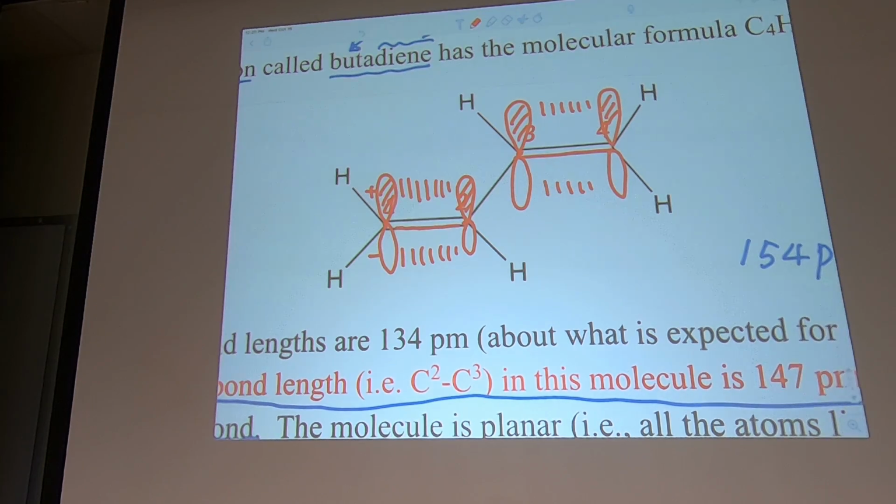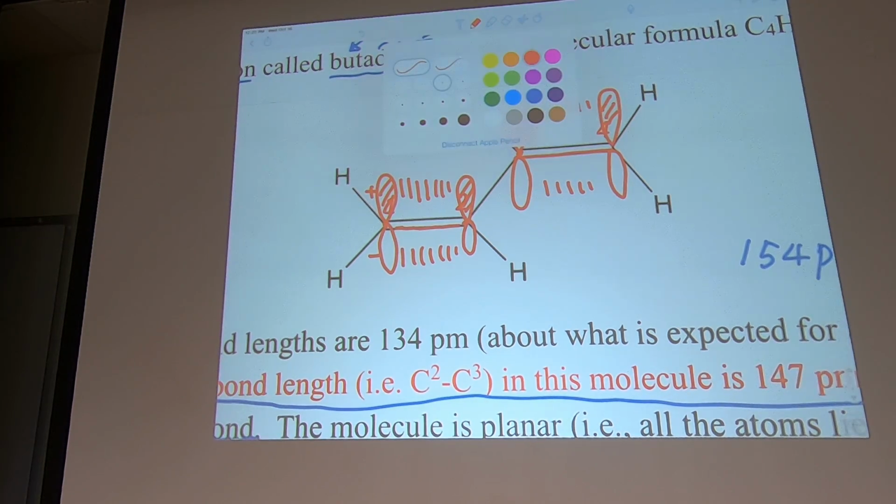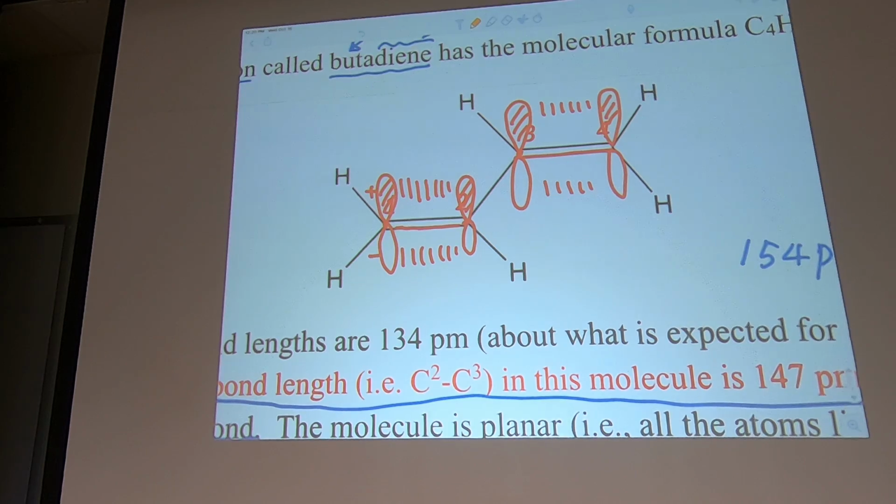But now I'm looking at here, well, what about this? Is it possible for them to have it? And the answer is yes. Although I draw the molecule as double bond, single bond, double bond, so that is the major bonding, there's a secondary interaction between carbons 2 and 3 by forming this bond.